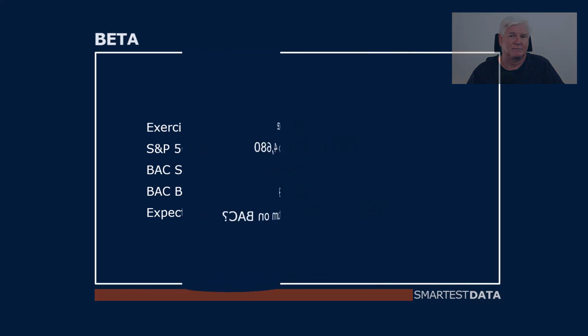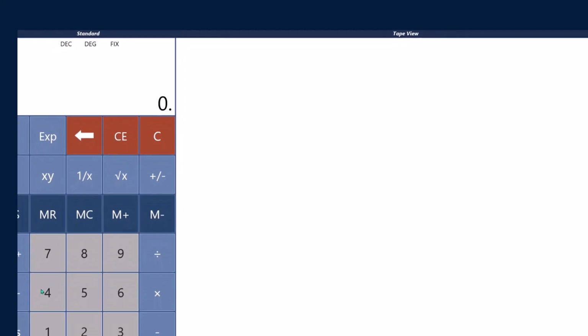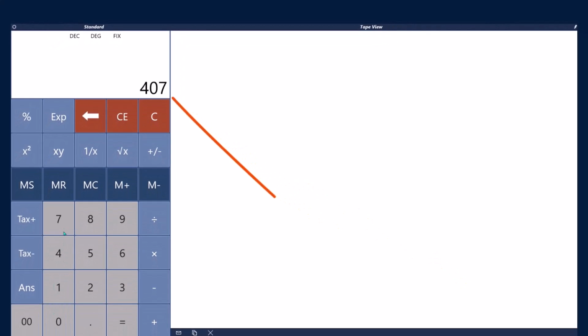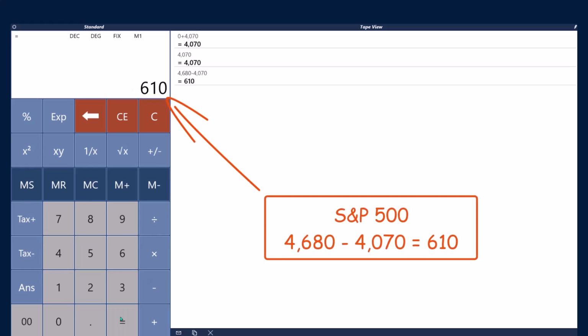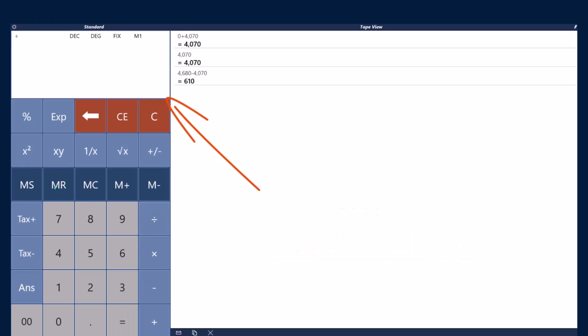Okay, so we said at the beginning of the period the S&P 500 was trading at 4,070. We put that into memory, and at the end of the period it finished at 4,680. So we take that off the original start, which equals a 610 index point increase, divided by the initial starting point to get a return.